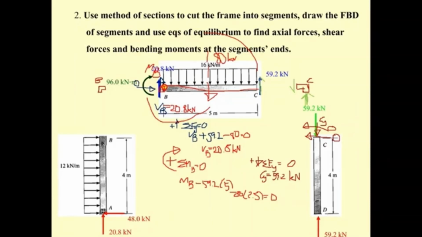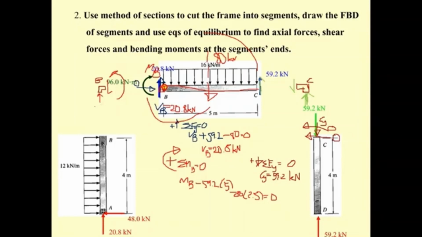And then the obtained shear and moment are going to be what? The moment here is going to transfer to this one by Newton's third law. The upward shear is going to be a downward shear, and the downward shear is going to be this axial force.